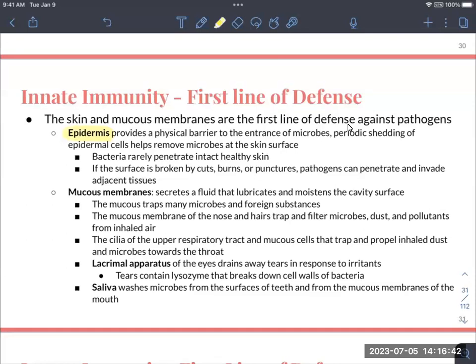They can get through cuts, burns, punctures, but they have a very hard time getting through that healthy skin. Mucous membranes, we mentioned those in Anatomy 1 in the tissue chapter. These are places that secrete out different types of fluids. Fluids are going to trap microbes and transport them back out of the system or kill them, one or the other. Because we have mucous membranes in our nose and our hair.